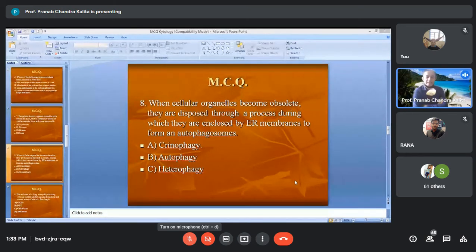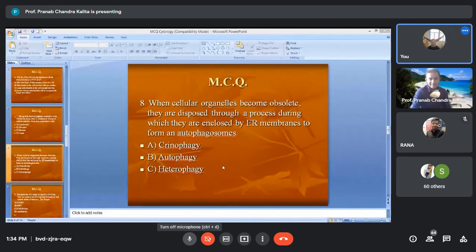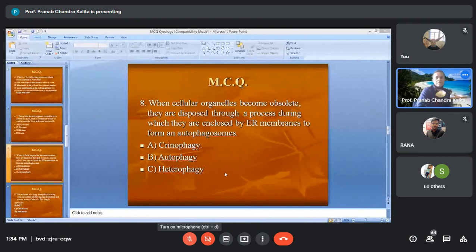If the damaged or excess cellular organelles are disposed of, it is called crinophagy. When they become obsolete, having done their functions, it is autophagy. Heterophagy means exogenous material such as RBCs and microorganisms. So it is heterophagy.